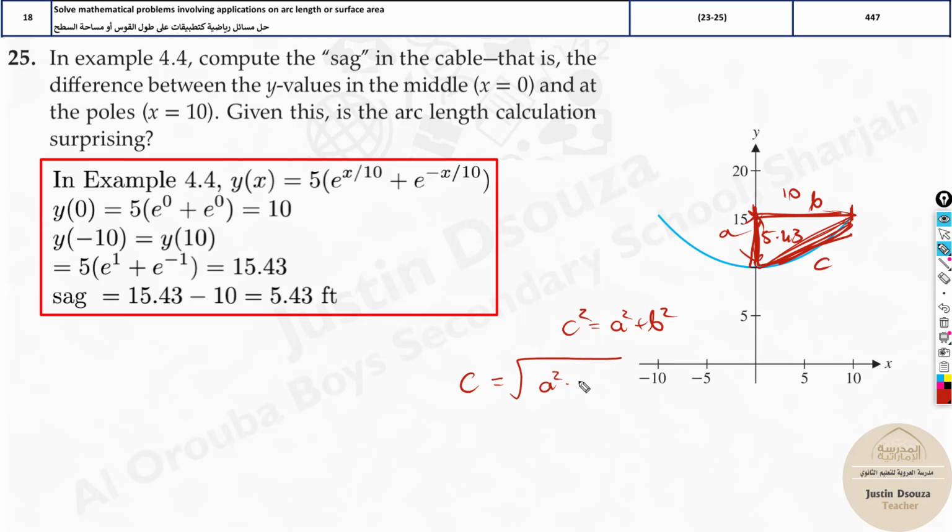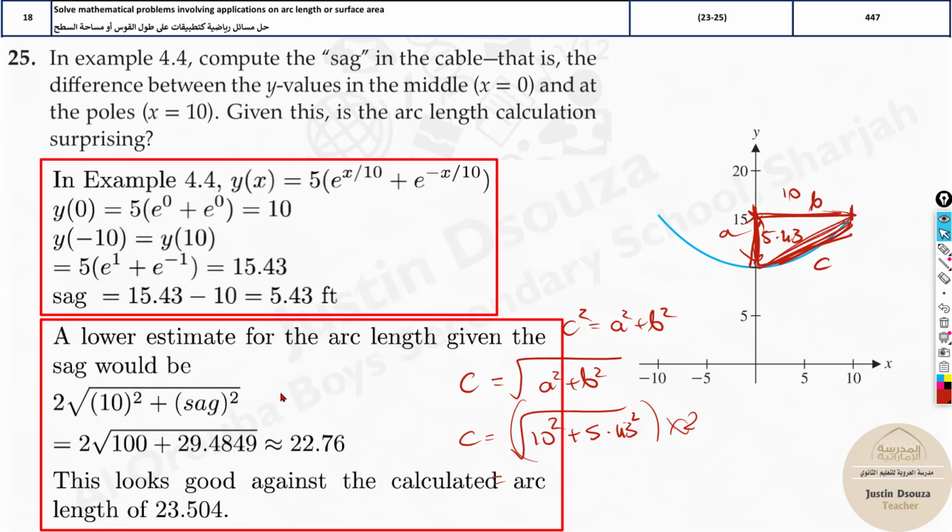It will be square root of A squared plus B squared. So C will be square root of 10 squared plus 5.43 squared. Now this is the arc length, but over here it's on the side as well. So whatever answer you get over here, you just multiply it by 2 to get the estimate of arc length.